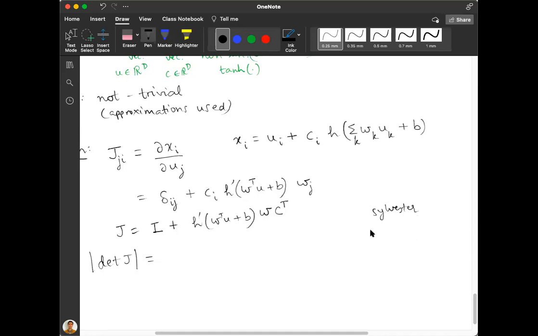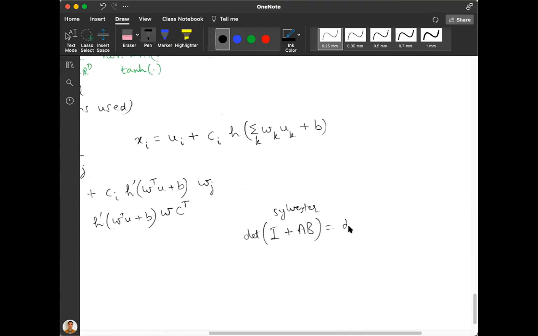Okay, so what does it say? It says the determinant of I plus AB is equal to the determinant of I plus BA. I plus AB and I plus BA have the same determinant.